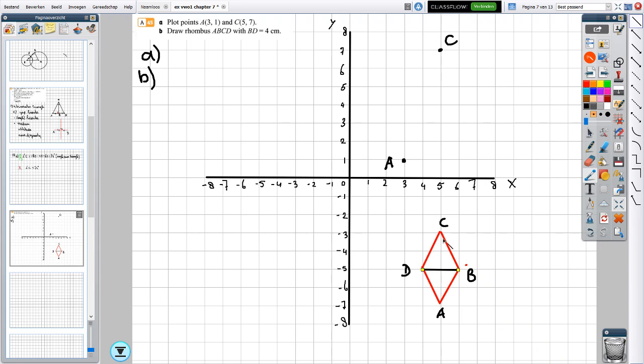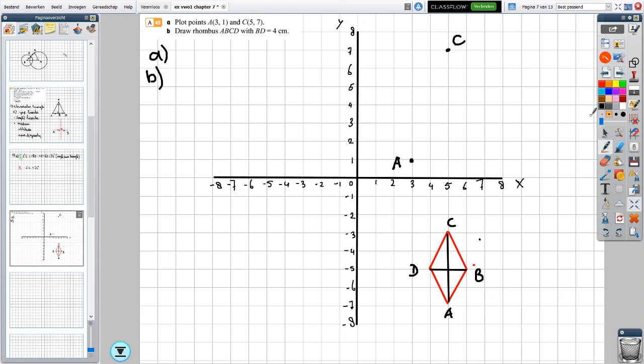That's nice to know, but I don't know the direction of my other lines, of my edges, and I don't know the length. Well, you actually can derive that from this piece of information. Why? Well, remember, if I draw my other diagonal as well, if I take a look at the properties of a rhombus, I know that this angle is always 90 degrees.